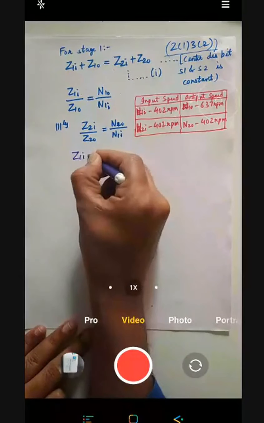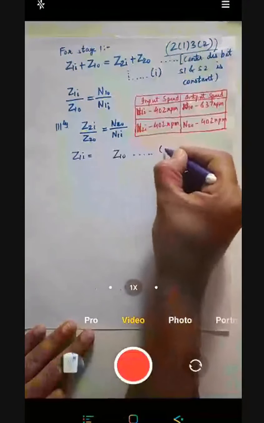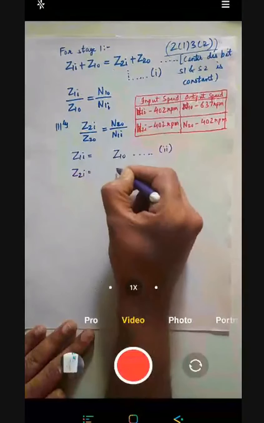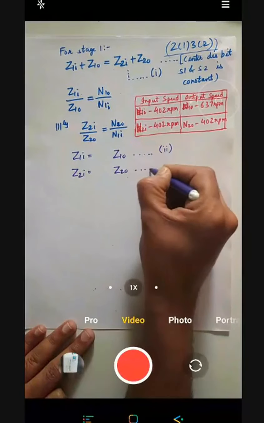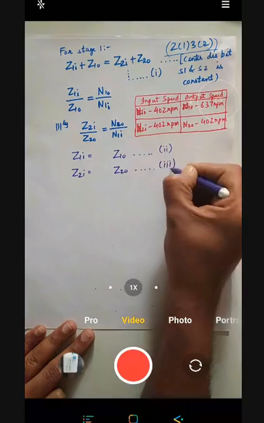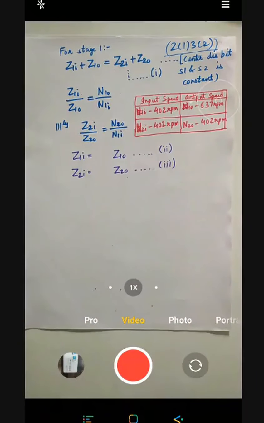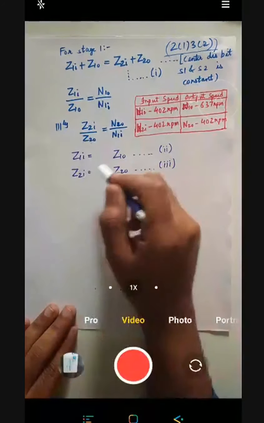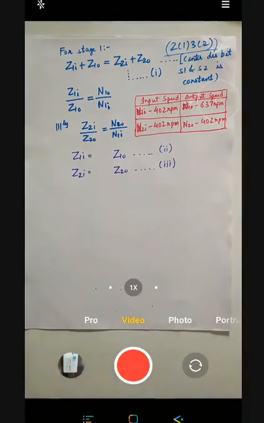Z1 input will be equal to some variable into Z1 output. Now you take 2 minutes and complete this. I want the relation between Z1 input, Z1 output, Z2 input, Z2 output.